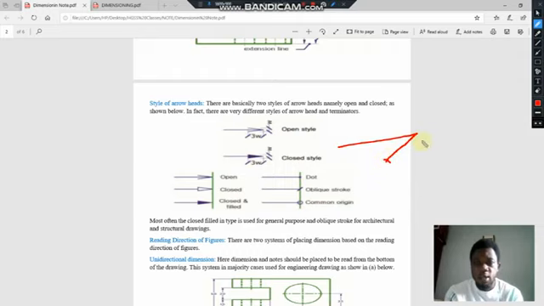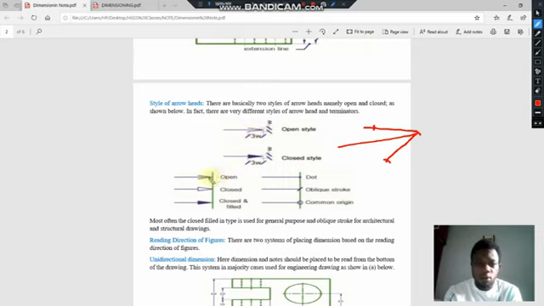From here to here is 3 mm, and from here to this point is 1 mm.